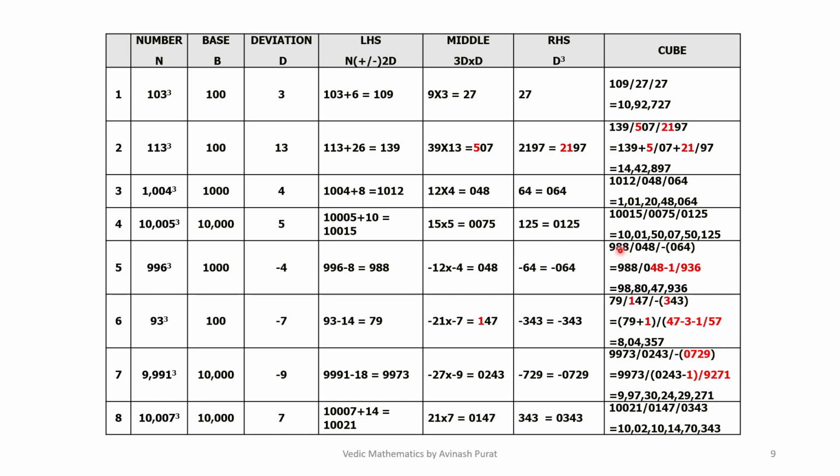So cube is 988 stroke 048 stroke -064. That is equal to 988 stroke 048 minus 1, because the last term -064 is converted to a positive term figure, that is 936, and 1 is taken as negative 1000.